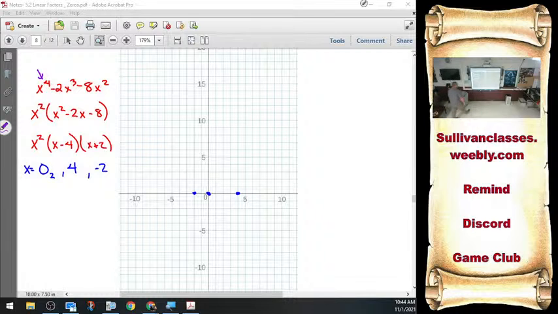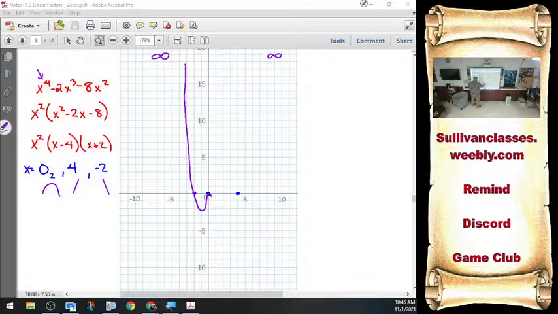Okay. It's a positive even. So it starts up here at positive infinity. It will come do things and then go back to positive infinity. It goes through negative 2. It goes through 4. It bounces off 0. So start at positive infinity. Come through negative 2. I don't know how far.